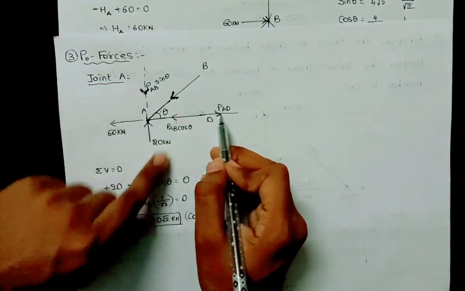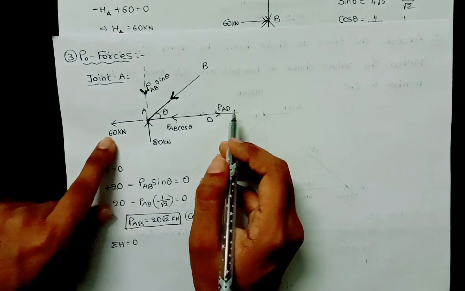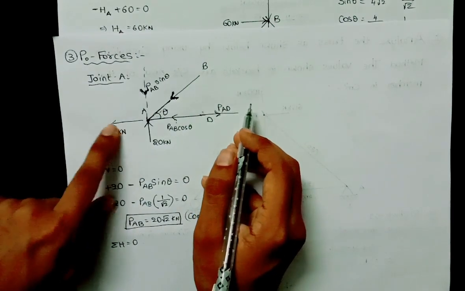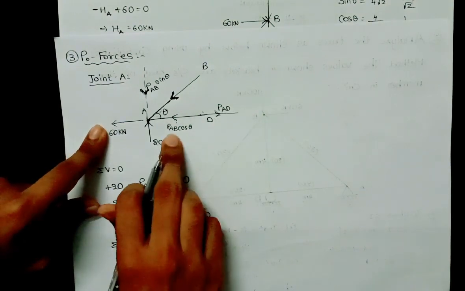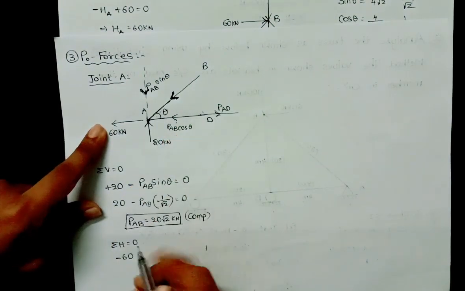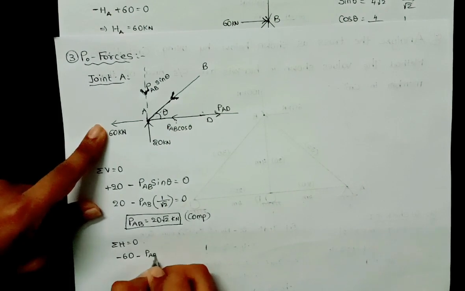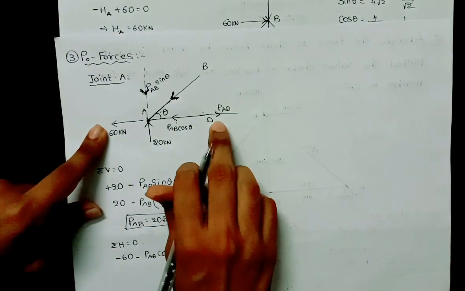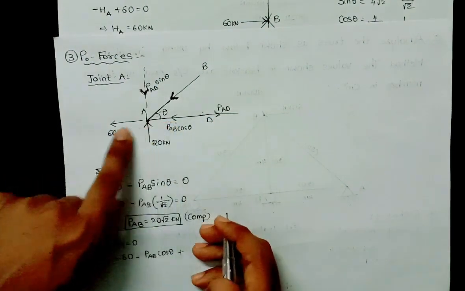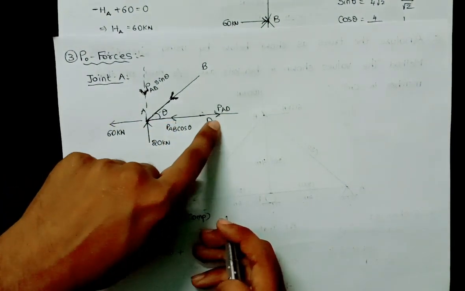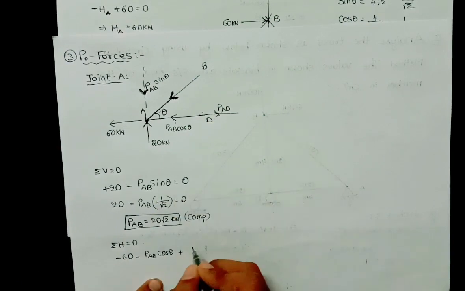PAB cos theta, PAD and 60 kilonewton are the horizontal forces. 60 kilonewton is acting towards left, so minus 60. PAB cos theta is also acting towards left, minus PAB cos theta. PAD is acting towards right. So this is my assumption. Okay, so all the forces are towards left, and I assumed that it will be in right side direction, in order to ensure static equilibrium.